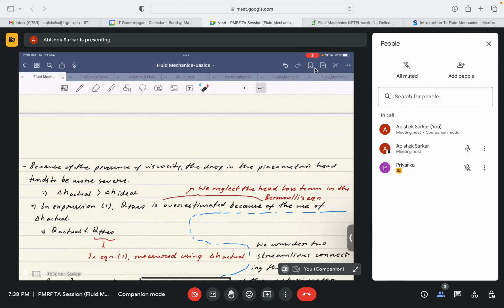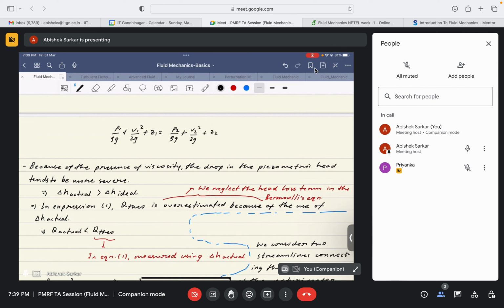And if we look into the equation, P1 by rho g plus V1 square by 2g plus Z1 is equal to P2 by rho g plus V2 square by 2g plus Z2.